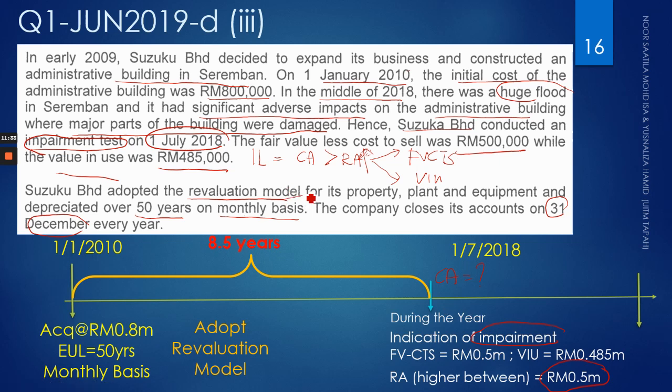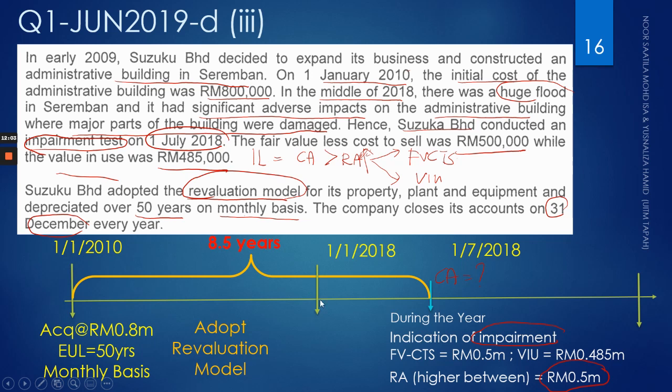And since you use the revaluation model, the accounting treatment for the impairment loss will have to be in accordance with MFRS 116, right? You need to first make use of any revaluation surplus balance, but in our case, there is no information regarding a revaluation exercise. So we will have to see what the accounting treatment is.